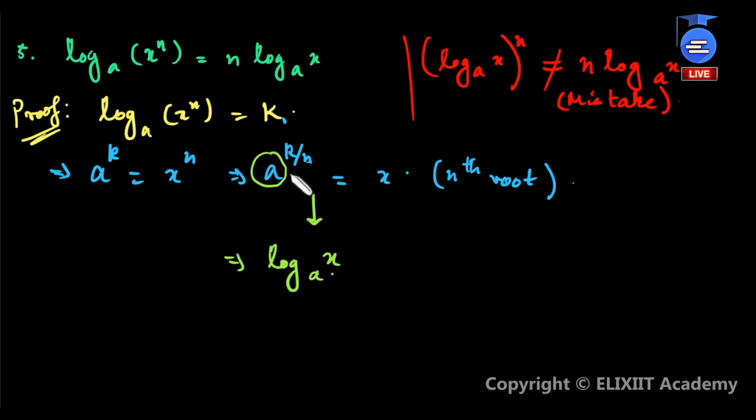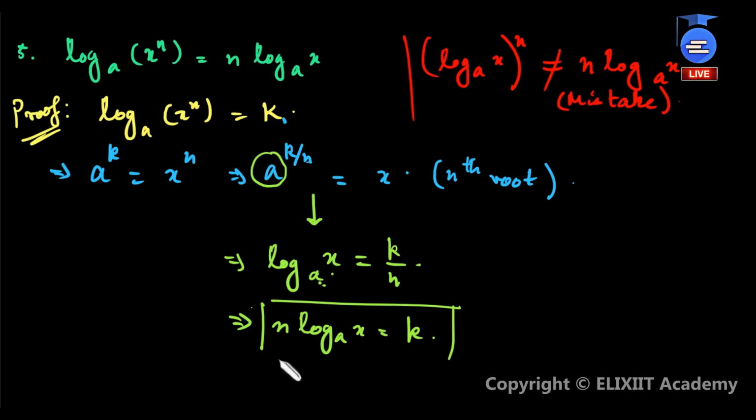So we have log x base a is equal to the power, which is k by n. Simplify this. Cross multiply. So n log x base a is equal to k. And this is what we need to prove.